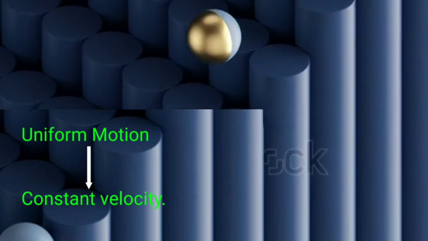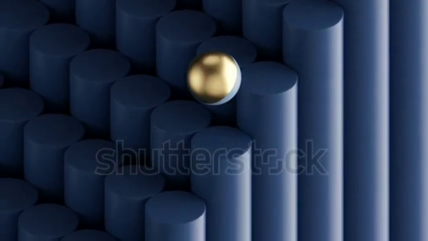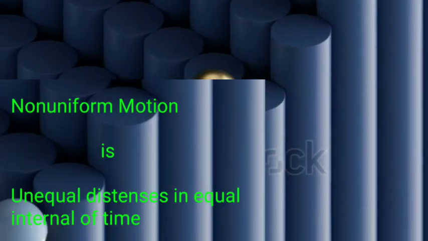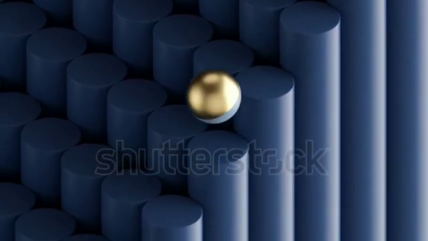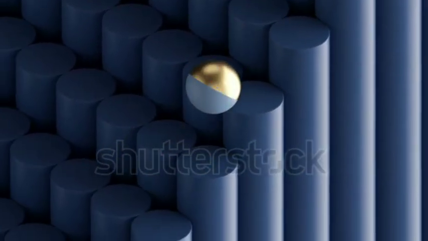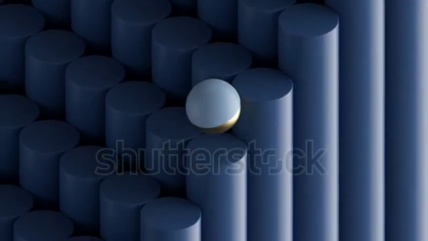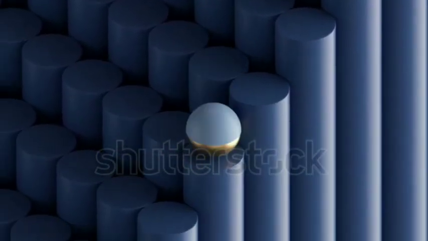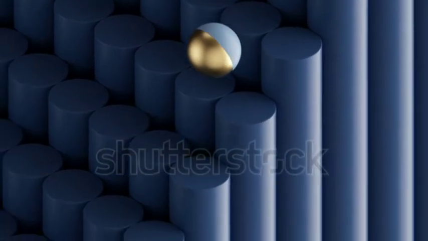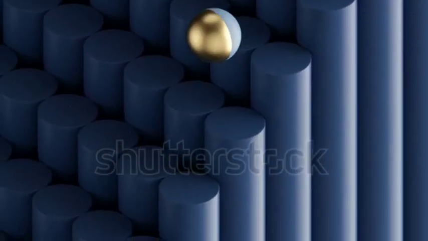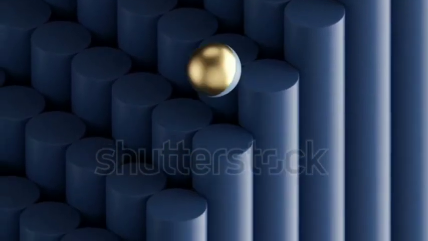So a very easy way to remember is that uniform motion is constant velocity. Non-uniform motion is the opposite of uniform motion. If the body is traveling unequal distances in equal intervals of time, then it is non-uniform motion. The time intervals need to be kept the same, otherwise it is going to be really confusing.